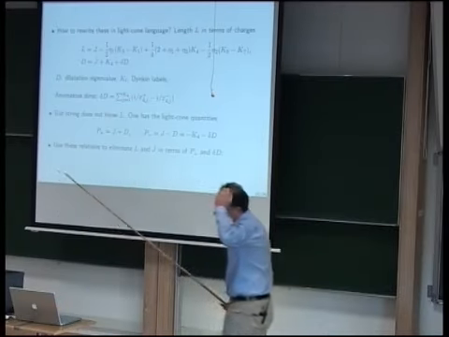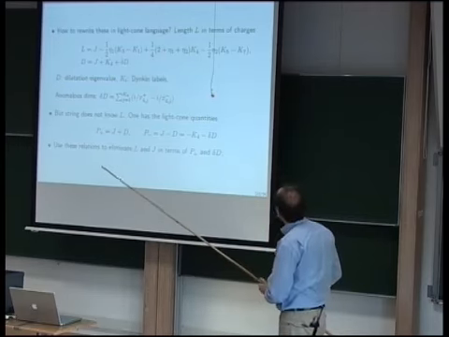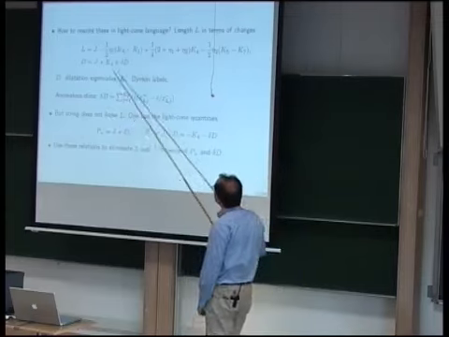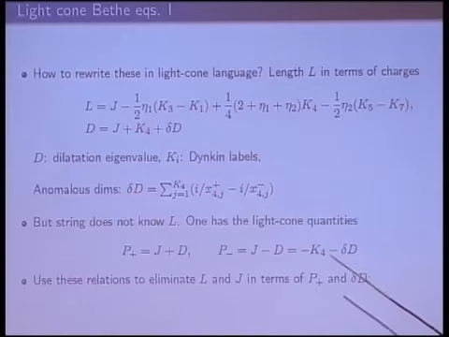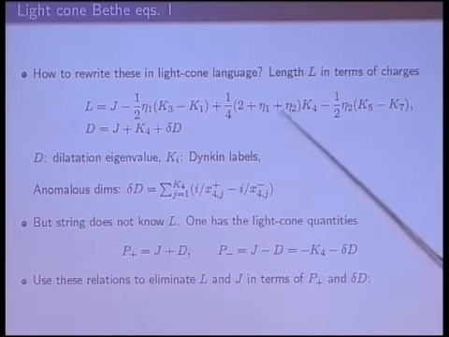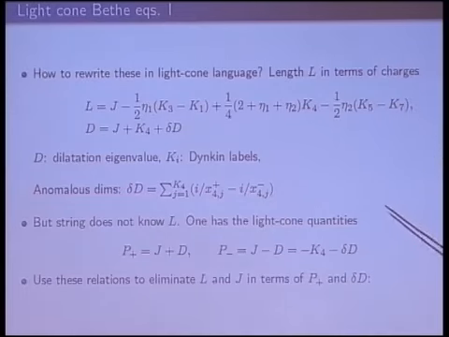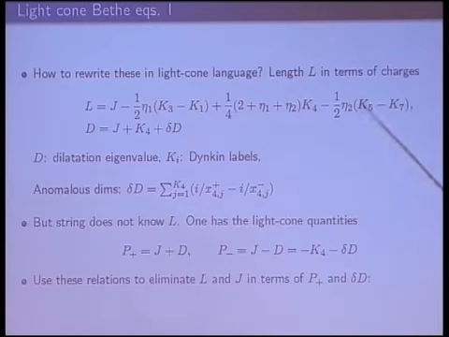So the first step is how to rewrite them in a light cone language. And the problem here is that the string does not know this quantity L, but it knows the quantity P+. So I have to re-express one in terms of the other, and this is done as follows. First of all, L depends on the charge J and the number of the Dynkin excitations K in this fashion.